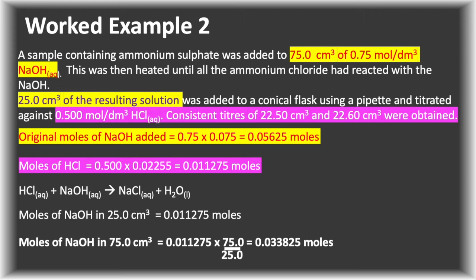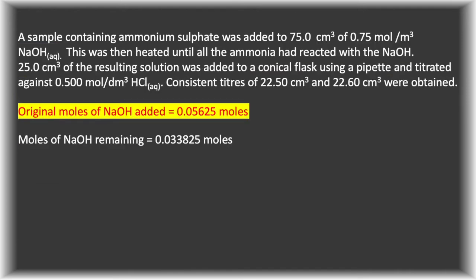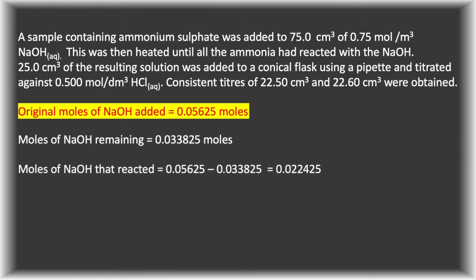Remember, of course, that originally we had a solution of 75 centimeters cubed. Therefore, we need to scale that up to 75 centimeters cubed by dividing by 25 and multiplying by 75. So we now know the original moles of sodium hydroxide added, and we know the moles of sodium hydroxide that remained. So the moles of sodium hydroxide reacted is going to be 0.022425 moles.